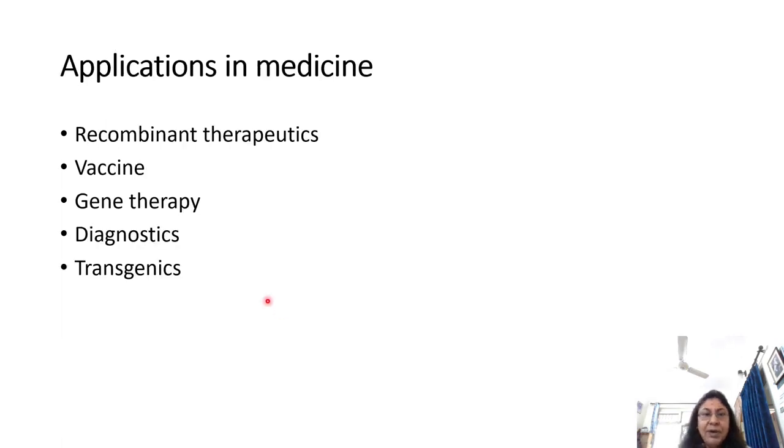So finally, I would like to summarize what we have learned in this lecture: the tools of recombinant DNA technology have been successfully applied for development of recombinant therapeutics, including monoclonal antibodies, which are largely produced through mammalian cells. And vaccines can also be produced, like you saw the hepatitis B vaccine, which is being produced in yeast, Pichia pastoris. Then recombinant DNA can also be applied for gene therapy, like you saw, or in diagnostics.